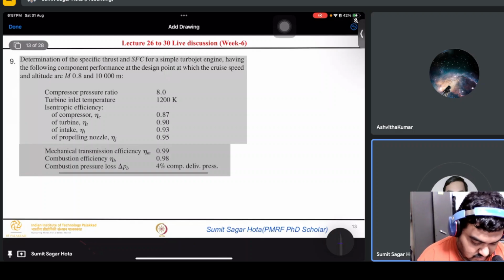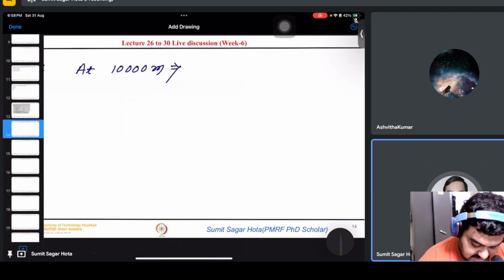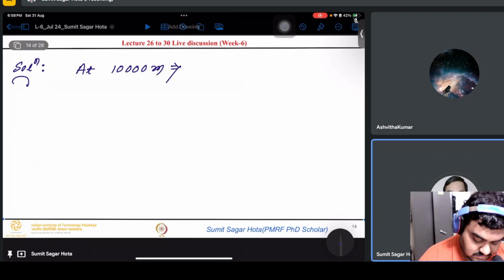If they are giving this question, they have to give one data table with respect to the height, with the pressure, temperature, and the actual velocity at those positions. Those things they have to supply in this type of problem. Most probably this kind of problem will come in UPSC or IES examinations.